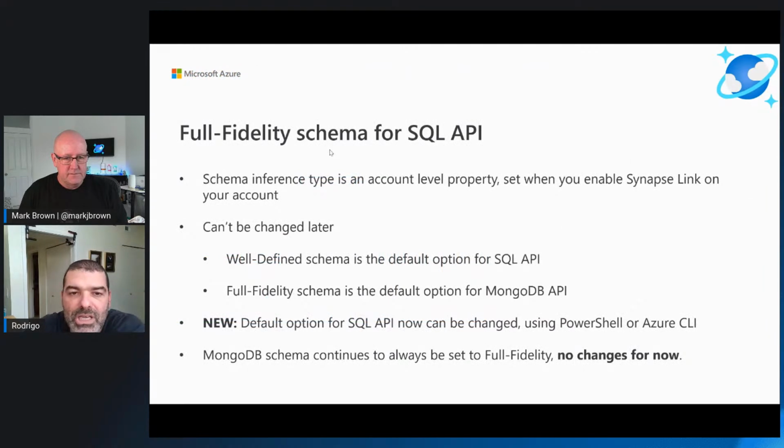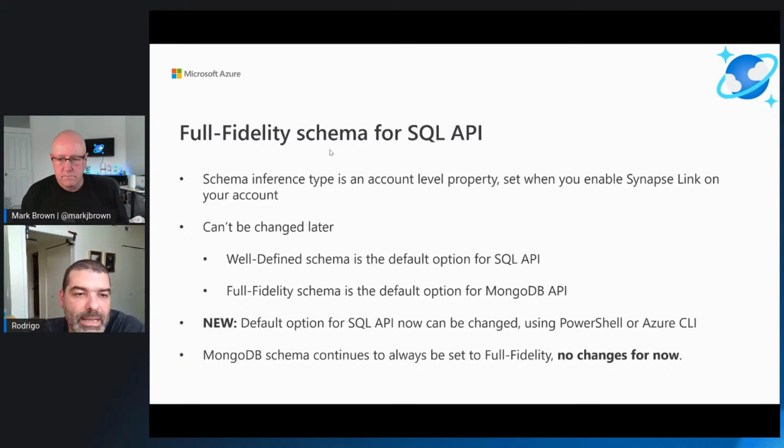So talking about schema, this schema inference we have, what is new? What is new is that now we allow customers using SQL API accounts to enable full fidelity schema. So what does that mean? Schema inference is an account level property defined when you enable Synapse Link for that account.